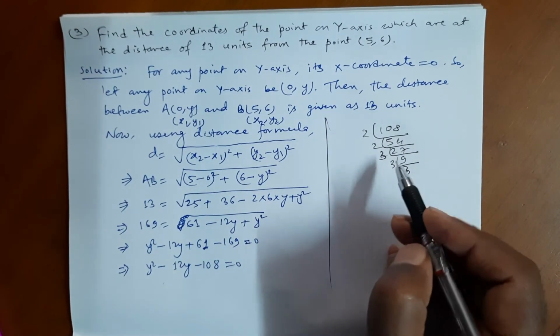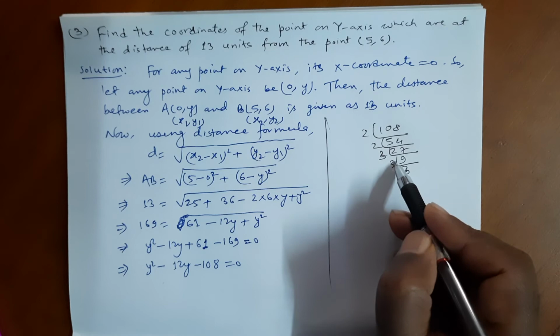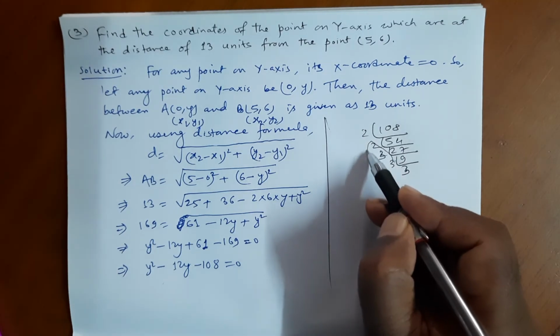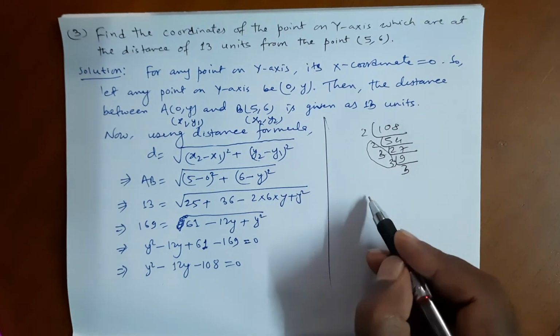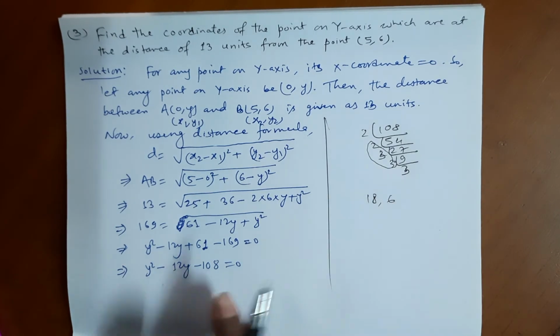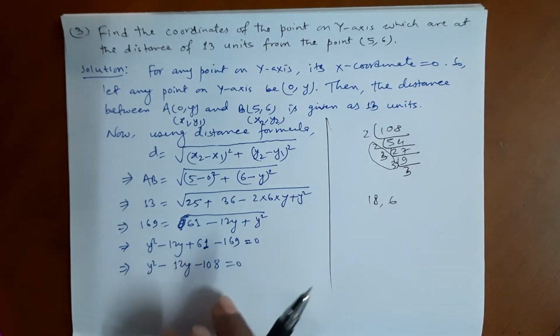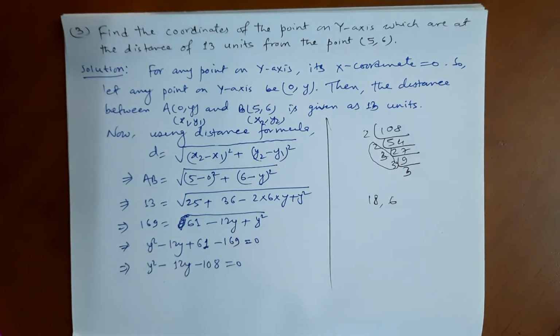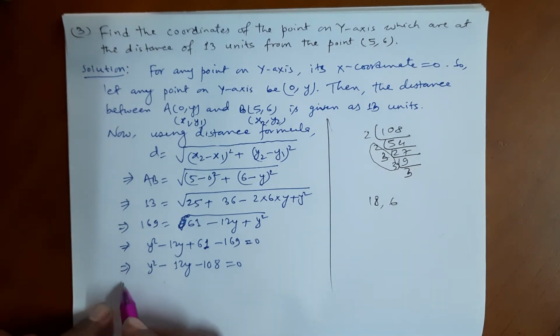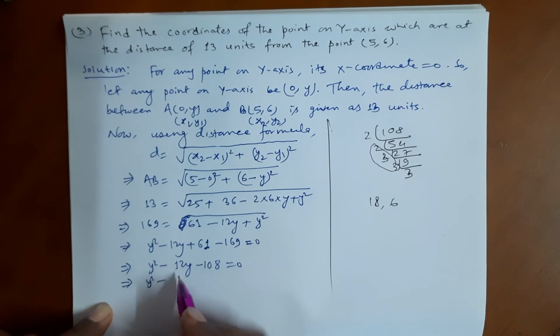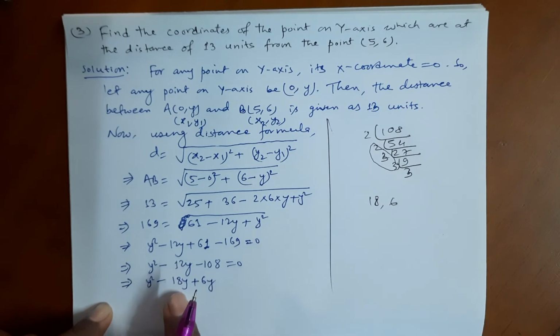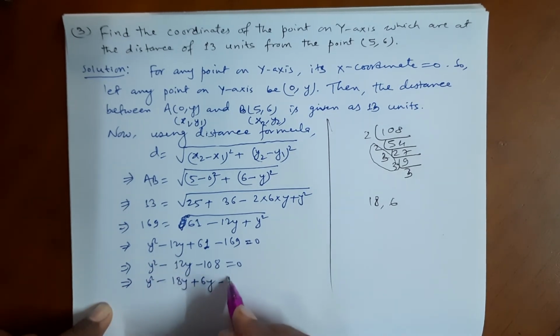So 18 and 6: the two factors we can take, so that 18 minus 6 is 12, and the product is 108. And this implies y square minus 12y can be written as y square minus 18y plus 6y, because minus 18y plus 6y is minus 12y, minus 108 at last, equals 0.